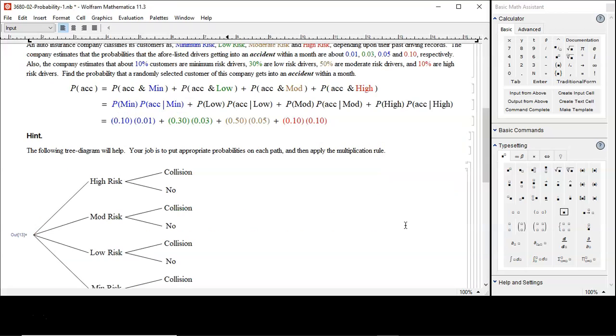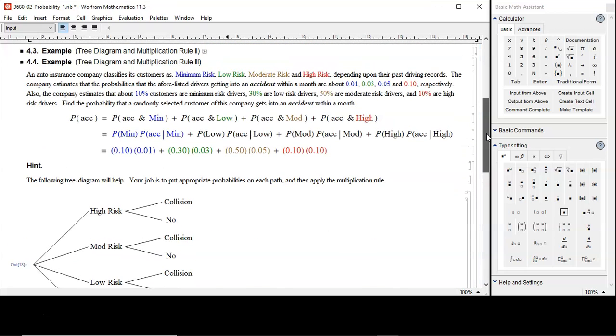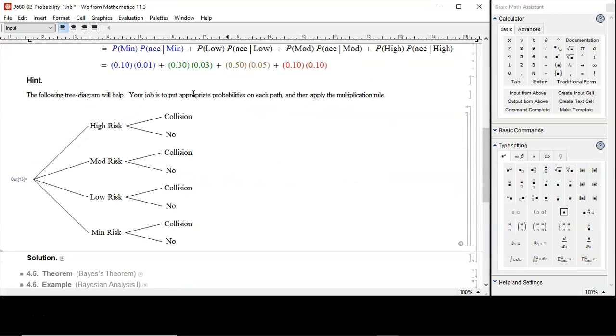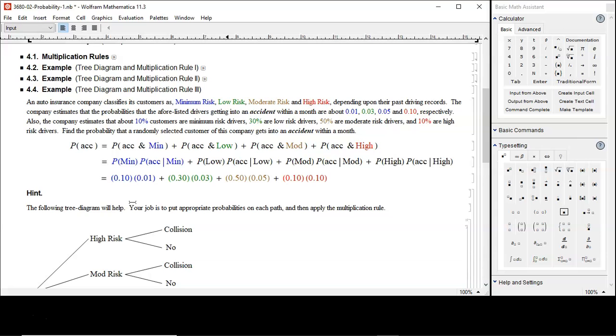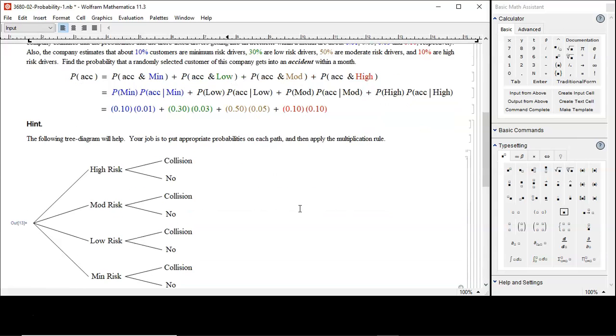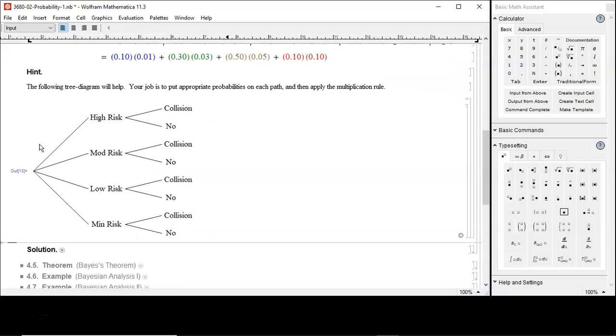Getting the initial tree diagram can be tricky. Getting this is often difficult. And that's why I went through this to give you some idea. And then eventually my expectation is you can do this on your own without something like this being provided.